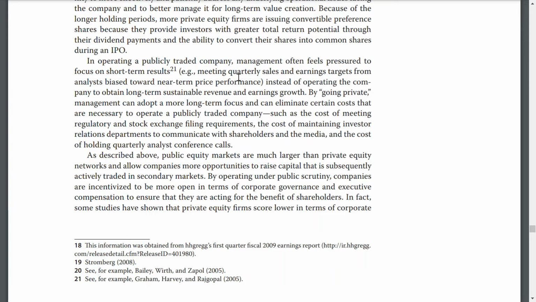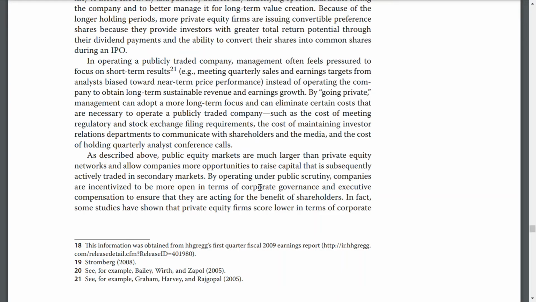As described above, public equity markets are much larger than private equity markets and allow companies more opportunities to raise capital, which is subsequently actively traded in secondary markets. When operating under public scrutiny, companies are incentivized to be more open in terms of corporate governance and executive compensation to ensure that they are acting for the benefit of shareholders.